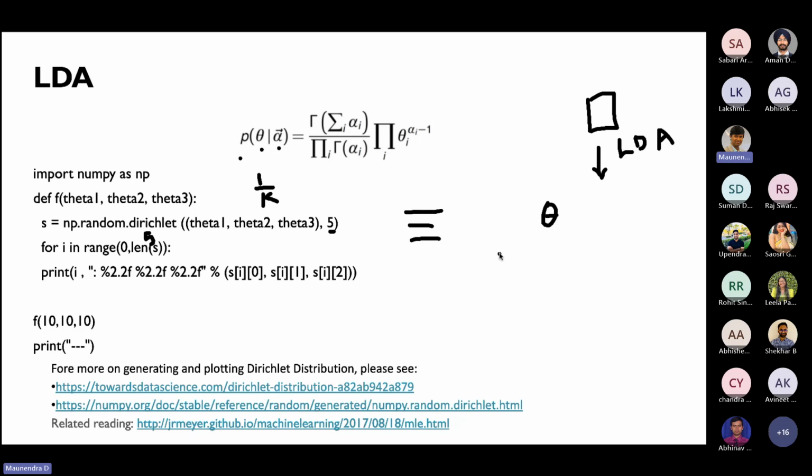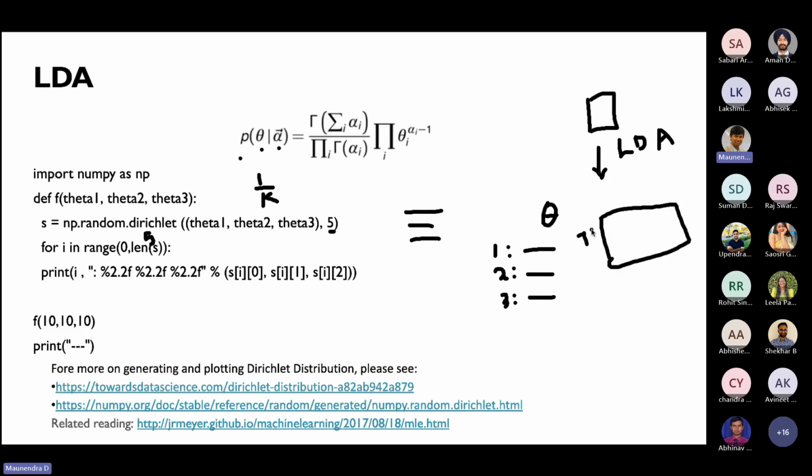That means for each document we get a k-dimensional vector, and also for each topic we get the word vector.